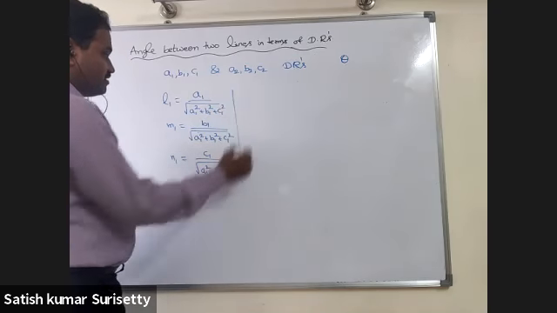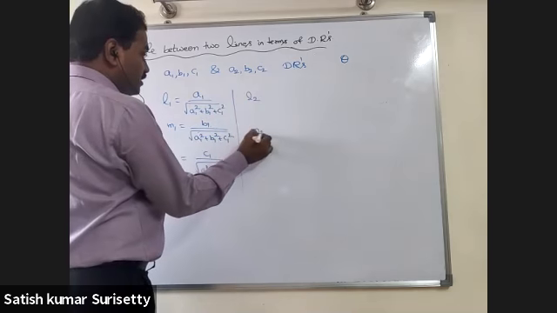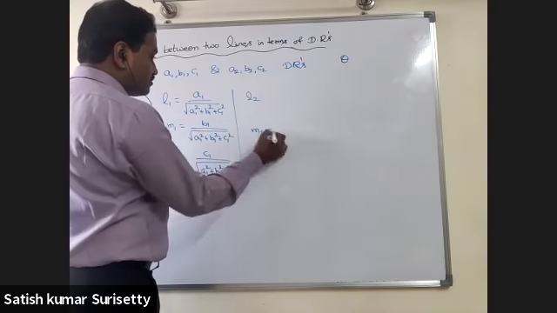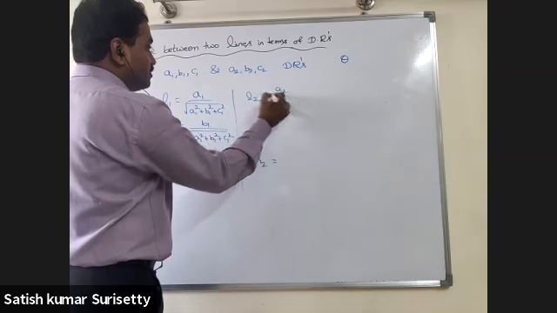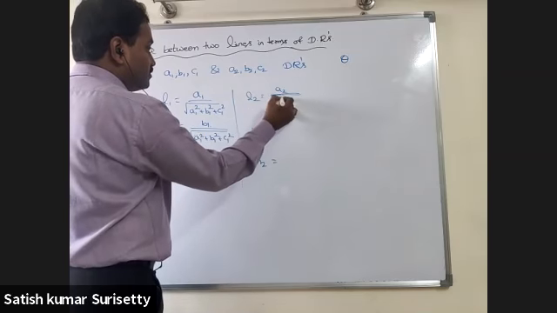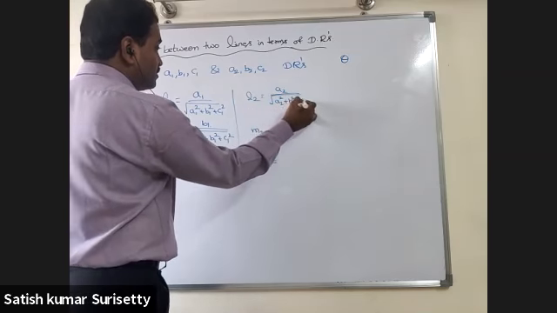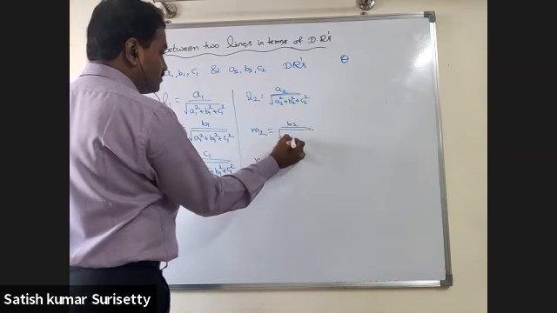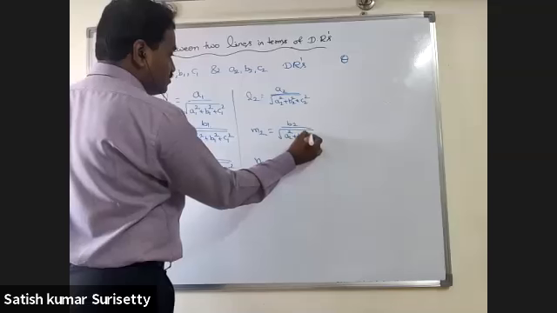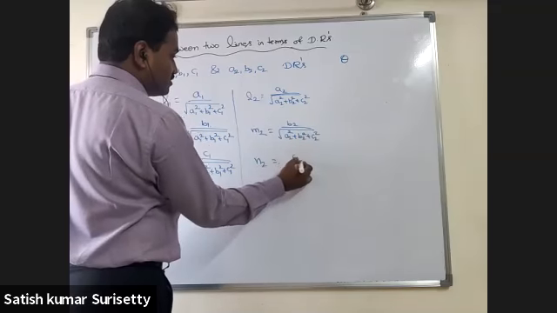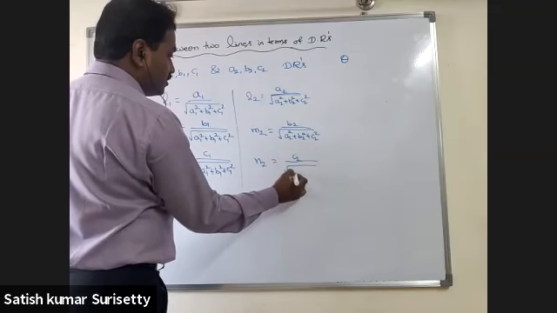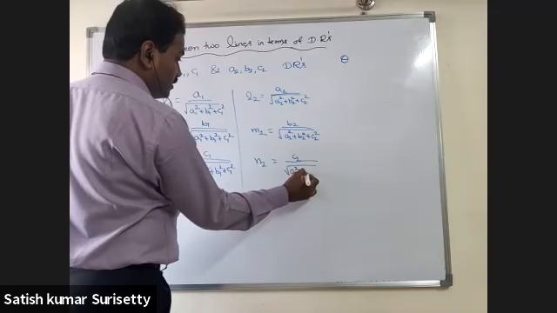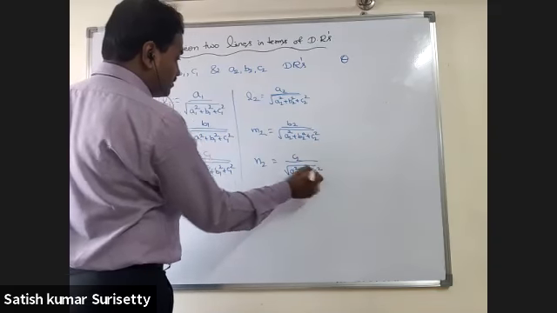In the same manner, L2, M2, N2: A2 upon root of A2 square plus B2 square plus C2 square, B2 upon root of A2 square plus B2 square plus C2 square, C2 upon root of A2 square plus B2 square plus C2 square.